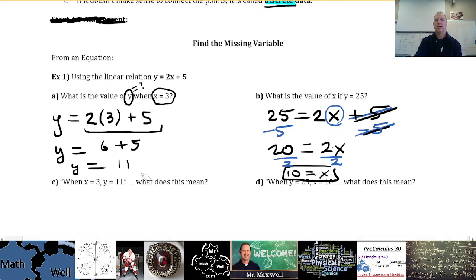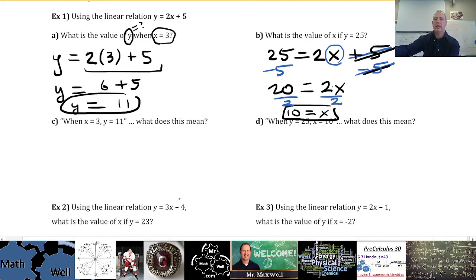All right, I hope this is making sense here. I hope this is going well for you. Let's consider C now. So when x is 3, y is 11, what does this mean? Well, that means that we have a pair of values for x and y that satisfy this equation. So when x is 3, y equals 11.